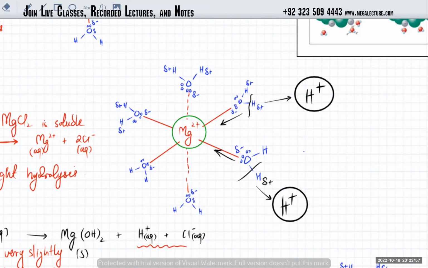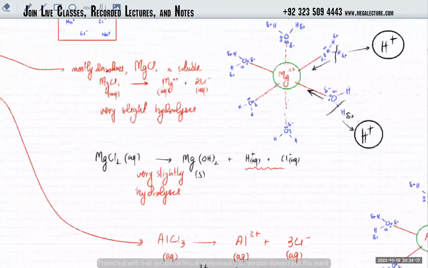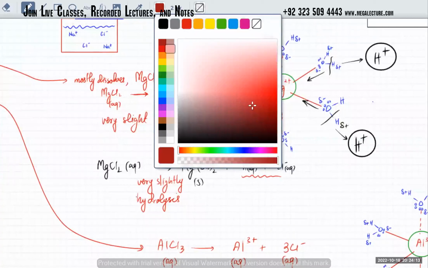Yes, sir. Yes. So when H+1 ions get produced, that is the solution turning acidic. Okay? So this is the reaction that is happening.